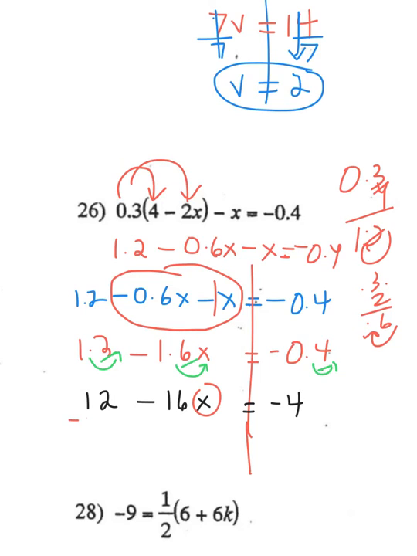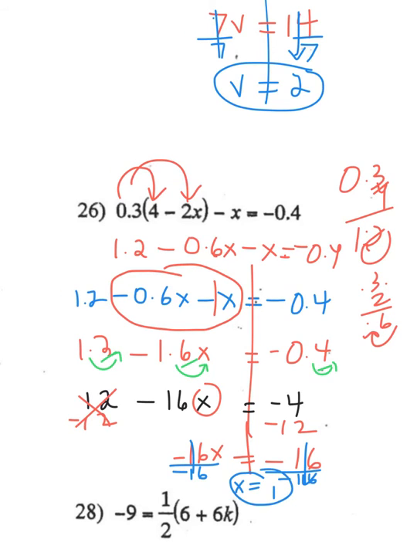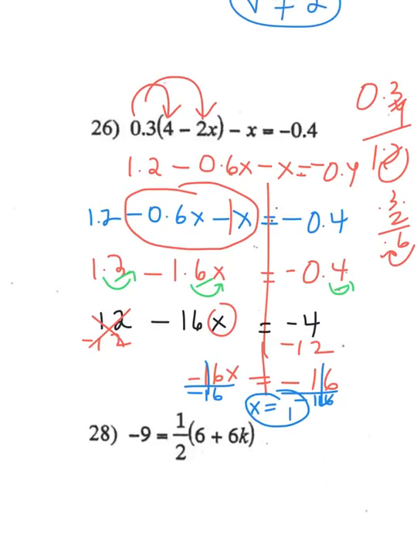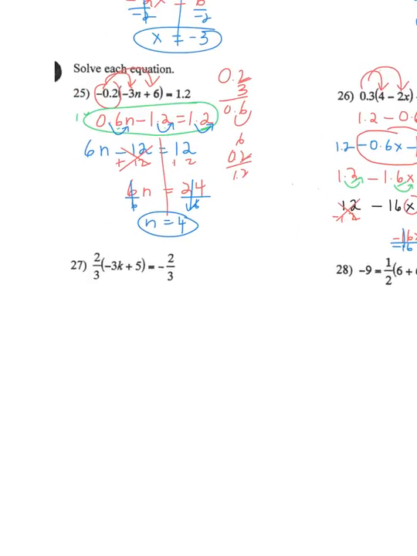So I'm going to go minus 12 minus 12. That's going to give me a negative 16 and a negative 16x here. Divide by negative 16. Divide by negative 16. It's going to be 1x equals 1. Kind of hard to see there, but a lot of steps on that.